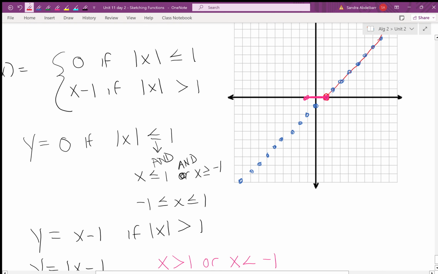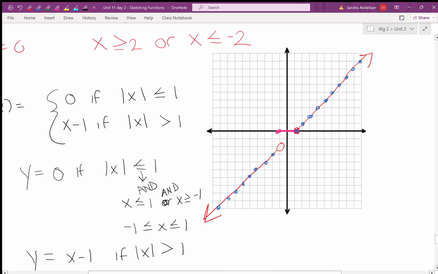So this is where x is -1. Go down. There's a closed circle there. Remember? Oh, no. So this is the same line. So now we're going to make this an open circle, and then we're going to go down. What did I do to all the points between? I erased them. So that's how this one looks. That's our answer, yeah.